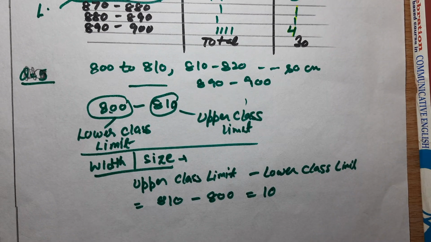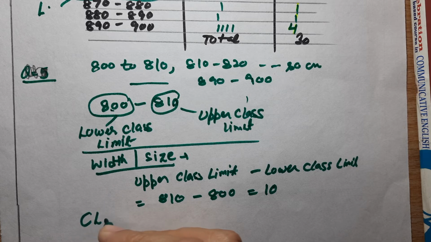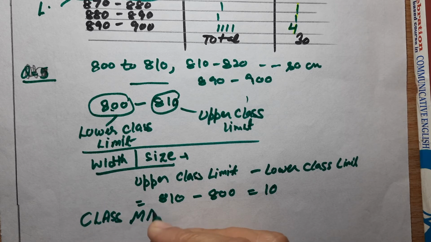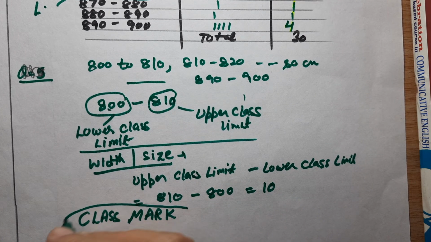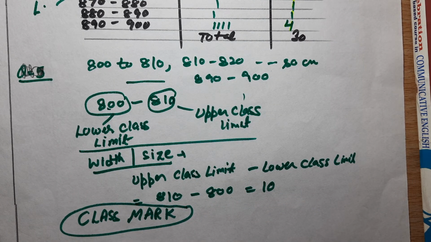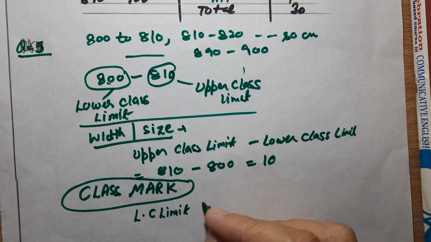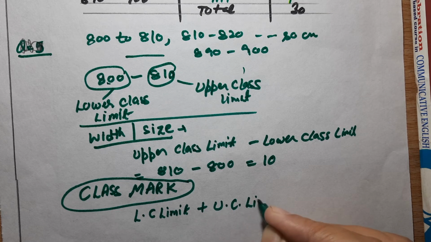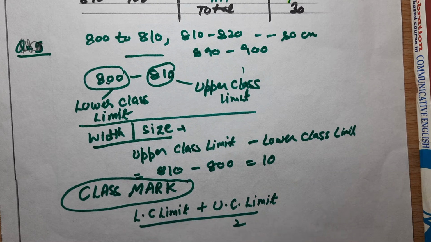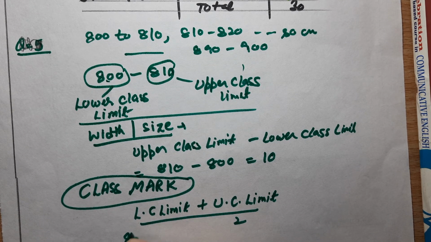Now the main important part, we need to find the class mark. That is not given in your book, but you have to understand it very carefully. Class mark is like an average. For any particular interval, you will add the lower class limit and upper class limit divided by 2. For example, I have been told to find the class mark of the 860 to 870 interval.